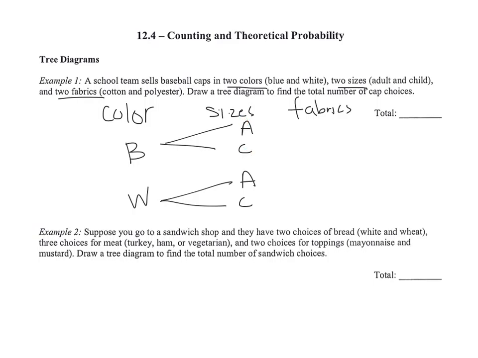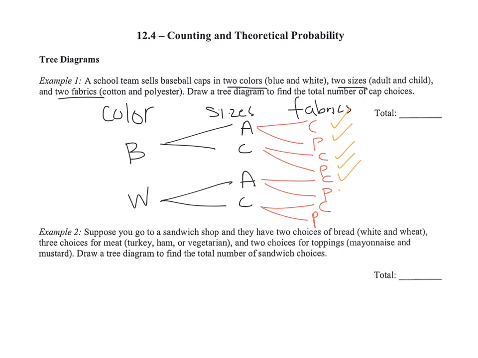Then off of each of these branches, you write your fabrics, cotton and polyester. So the total is 1, 2, 3, 4, 5, 6, 7, 8. It's my tree diagram.